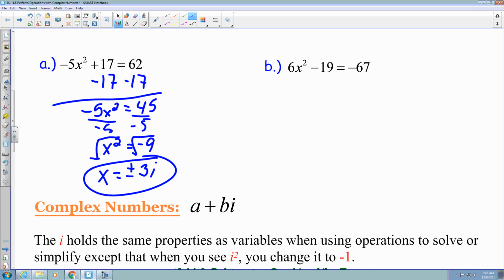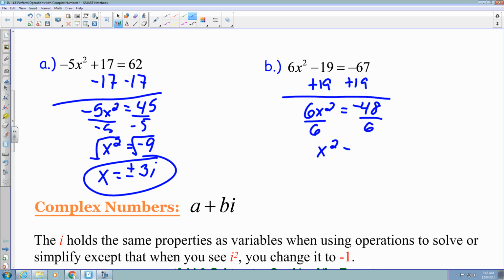If you look at b, it has 6x squared minus 19 equals -67. The first thing you're going to do is add 19 to both sides. So now I have 6x squared equals -48. Divide everything by 6. So now I've got x squared equals -8.